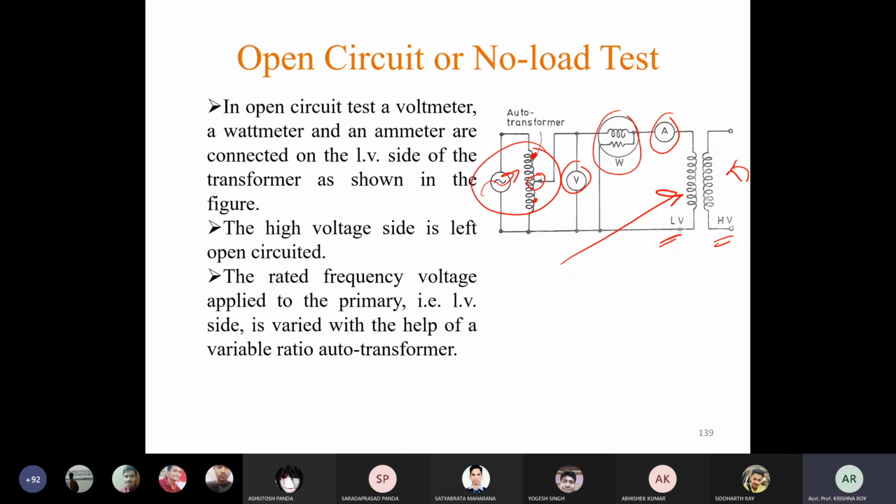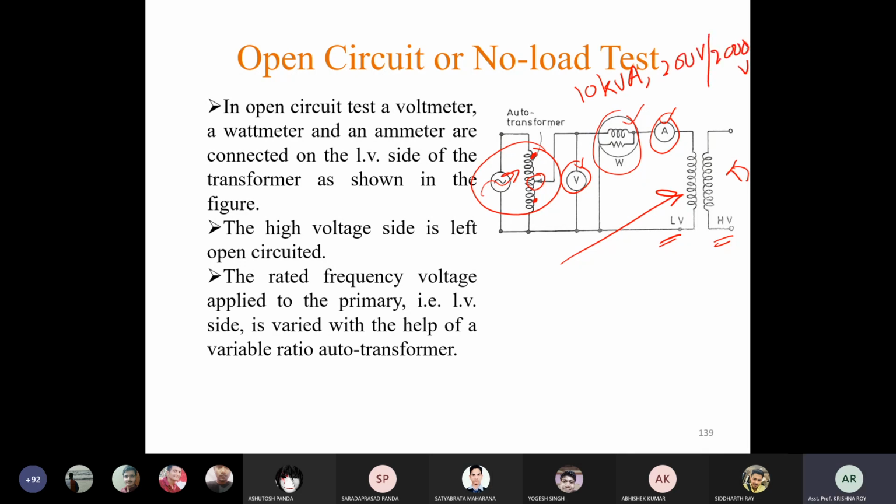So here this is the arrangement for this experiment. That means all the measuring devices, ammeter, wattmeter, voltmeter, are connected to the low voltage side, and rated frequency voltage is applied. Suppose the rating of this transformer is 10 kVA, 200 volt by 2000 volt.